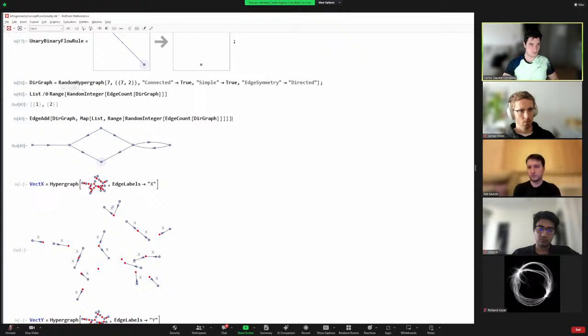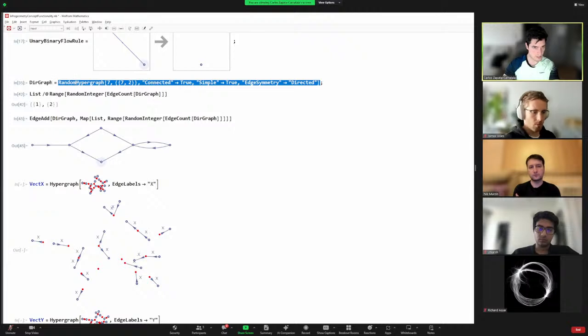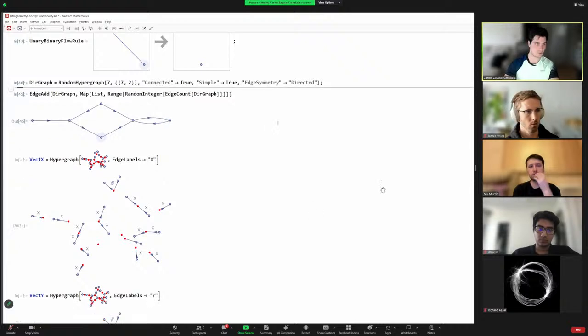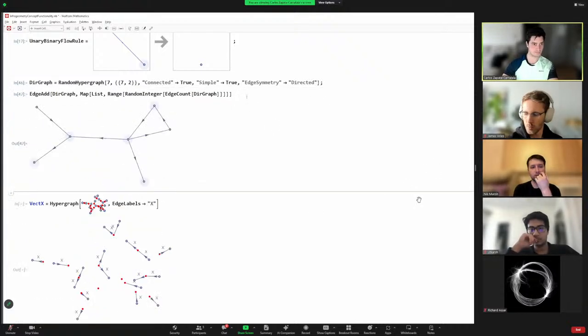I probably want this here, but anyway, I want the different graph here. Okay, that's a good one. Let's just keep that. I think that looks very good for what we want.